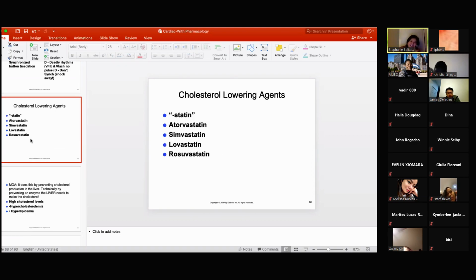So anyway, cholesterol lowering agents. Your statins: atorvastatin, simvastatin, lovastatin, rosuvastatin. So your statins are your cholesterol lowering agents.